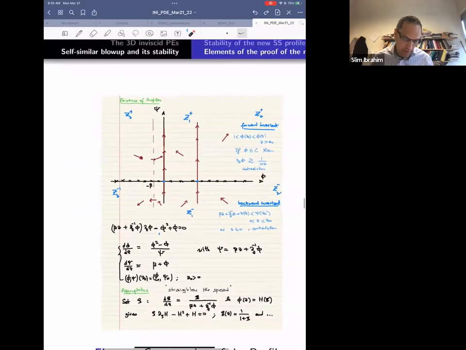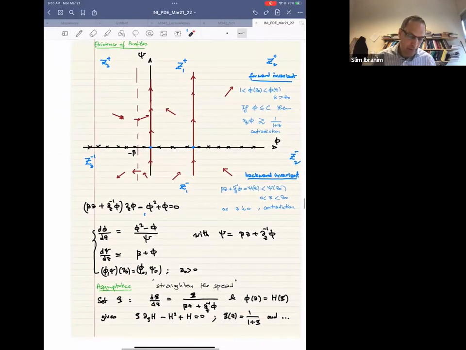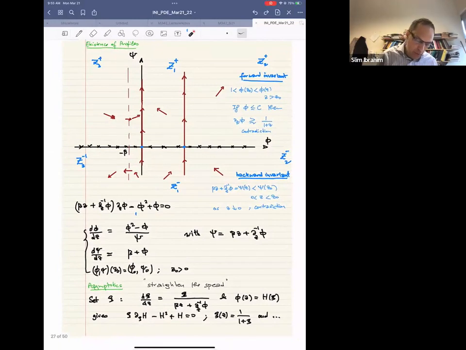So let me give you the elements of the proof. First of all, we want to construct the profile, and basically this is the equation of the profile. We see that this is a second order differential equation, and it's non-autonomous, particularly when beta is non-zero.